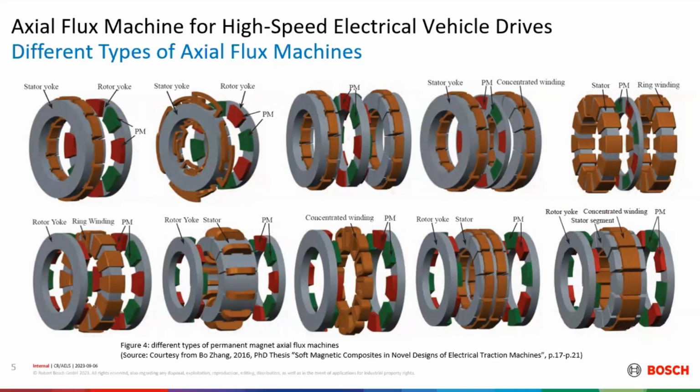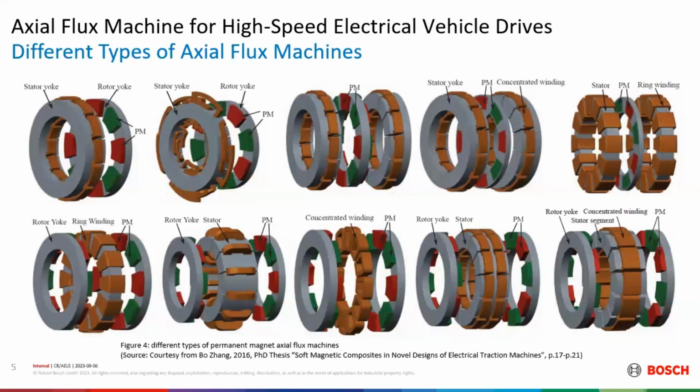And figures 3 to 5 show us the double stator, middle rotor topology. The third one features concentrated winding plus surface magnets, while the fourth one is concentrated winding plus interior magnets. The fifth one is with ring winding and interior magnets.